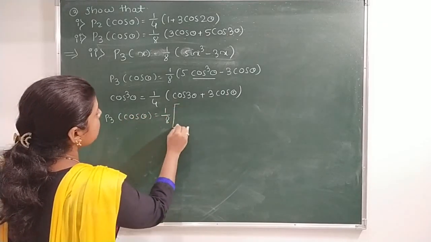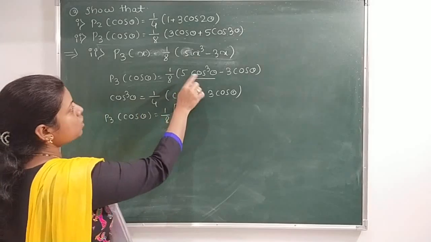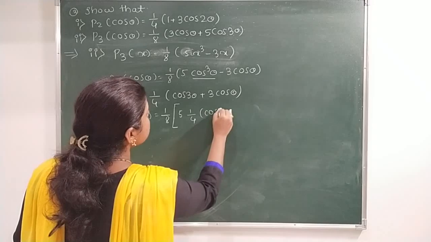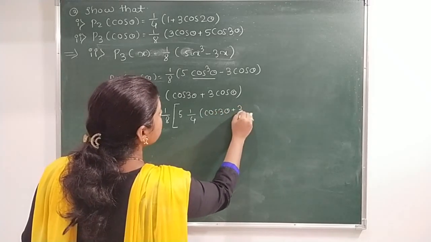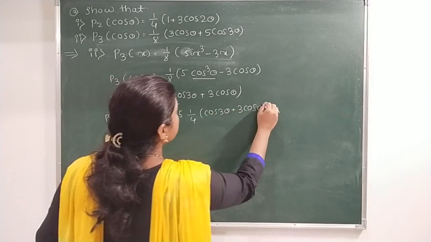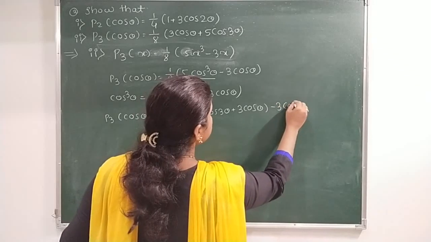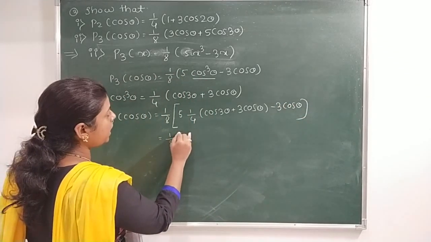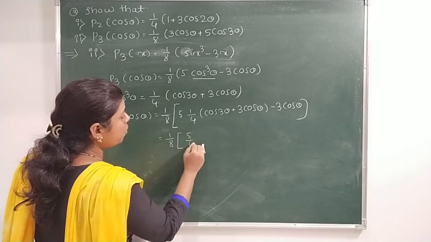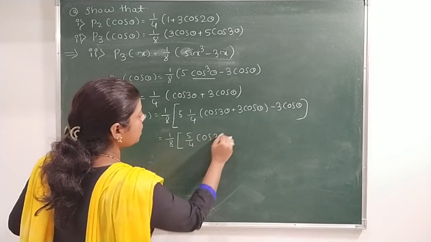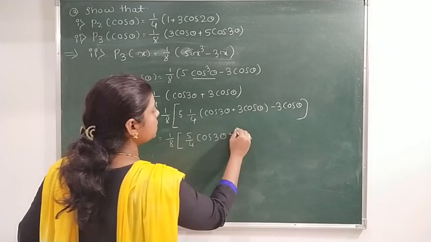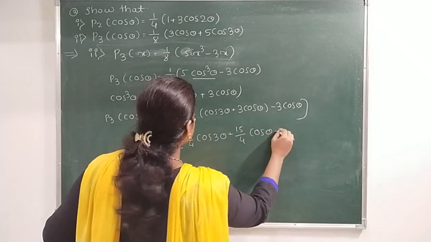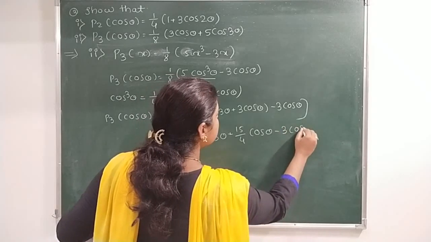That you have to replace, and it becomes P3 of cos theta is equal to 1 by 8, keep as it is, 5 keep as it is. Only the cos cube theta you have to replace as 1 by 4, cos 3 theta plus 3 cos theta, minus 3 cos theta. Now you have to simplify: 1 by 8, 5 by 4 cos 3 theta plus 5 into 3, 15 divided by 4 cos theta, minus 3 cos theta.